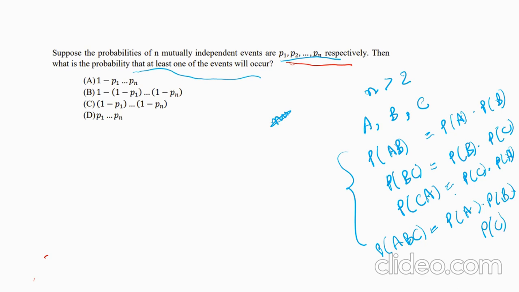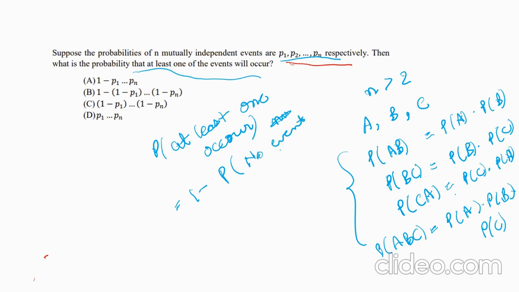Now what is given here is that we want to find the probability that at least one of the events will occur. Whenever we have a question like this, with at least one occurring, what we do is find 1 minus the probability that no event occurs.